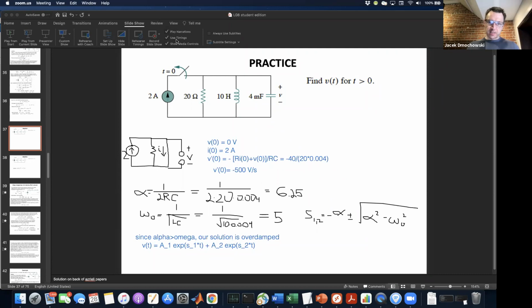Okay, and in this case, it turns out that S1 and S2 are equal to negative 2.5 and negative 10. So they're always going to be negative. Just remember on an exam, if you don't get negative roots, if you get real and positive roots, you've made a mistake somewhere. These roots will always be negative. Okay, so these are our two roots. And so now we can plug them into the general form.